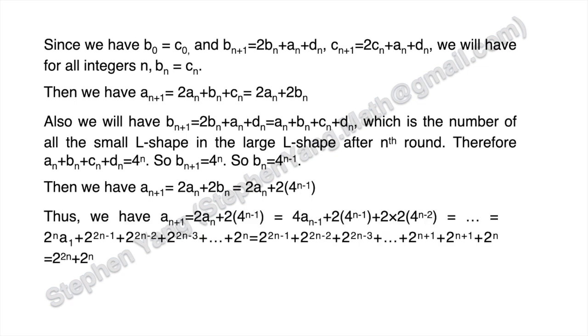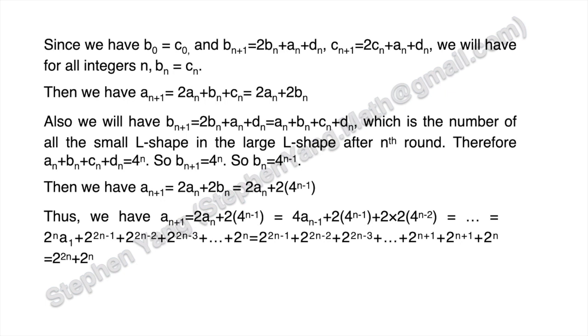So by that, we have a_(n+1) equals 2a_n plus 2 times 4 to the (n minus 1)th power. And that equals 4 times a_(n-1) plus 2 times 4 to the (n minus 1)th power plus 2 times 2 times 4 to the (n minus 2)th power, and so on.